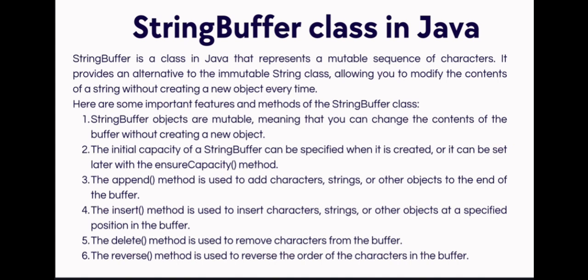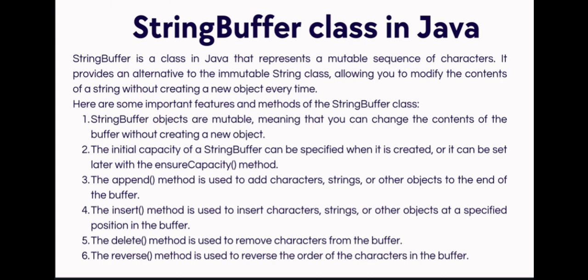StringBuffer objects are mutable, meaning that you can change the contents of the buffer without creating a new object. The initial capacity of a StringBuffer can be specified when it's created, or it can be set later with the ensureCapacity method.